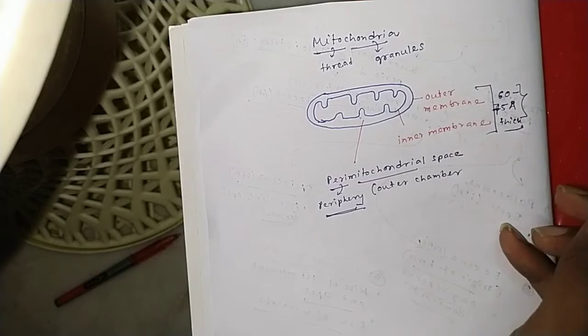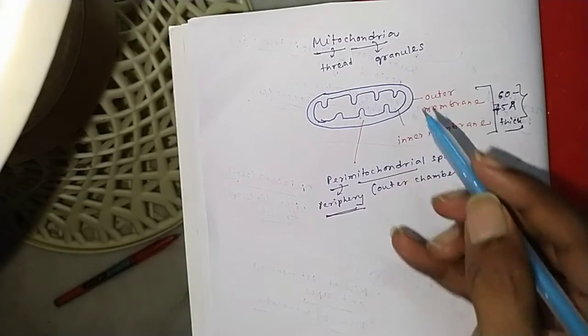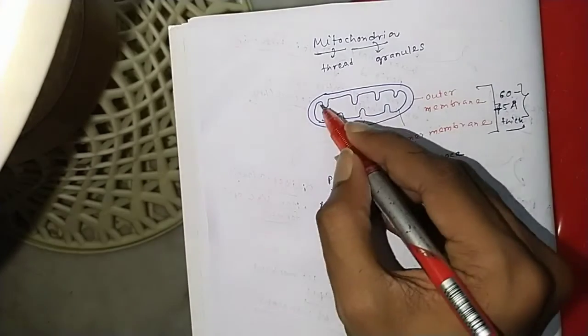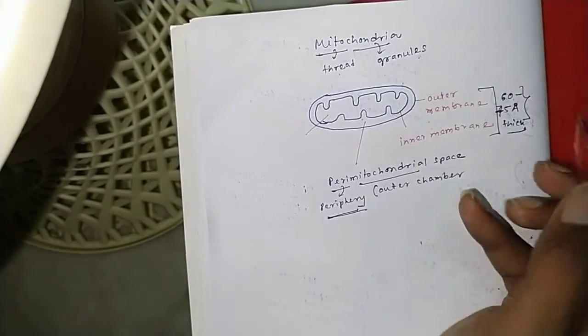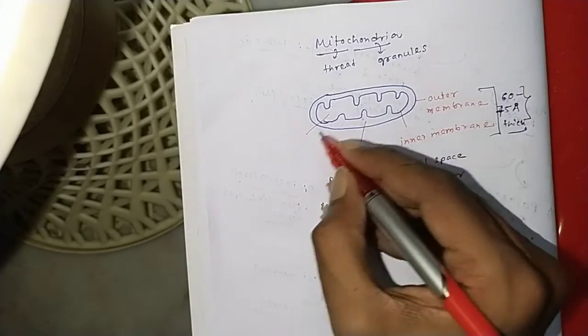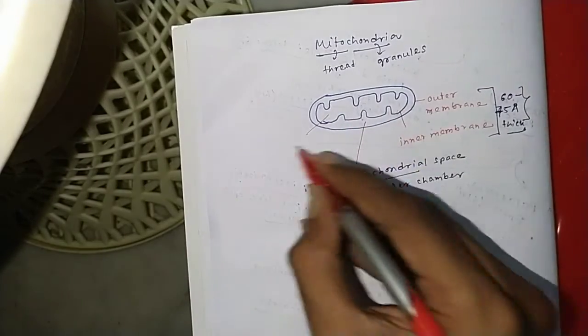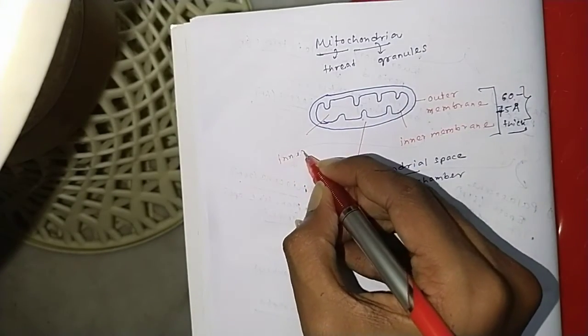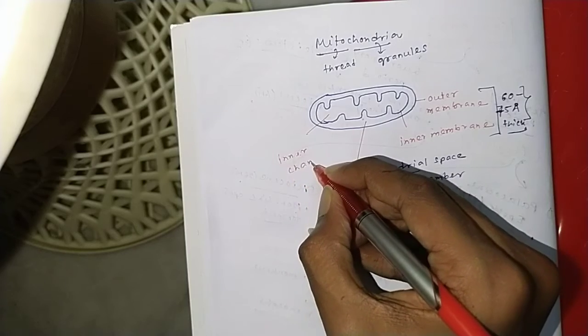Okay, now this is the inner membrane, and the inner membrane is enclosing the matrix substance. This chamber is called the inner chamber.